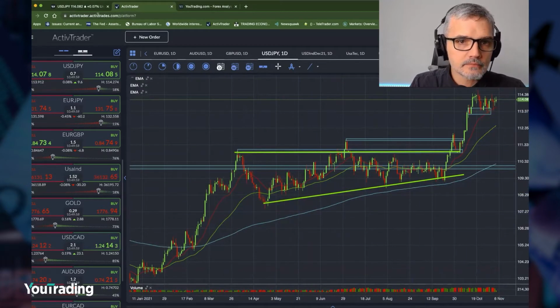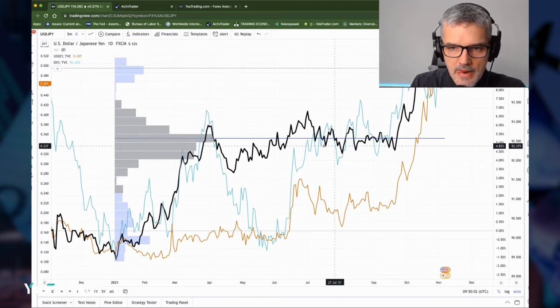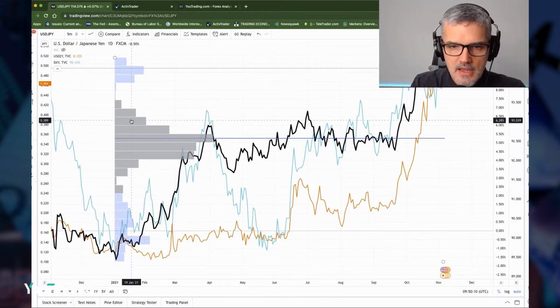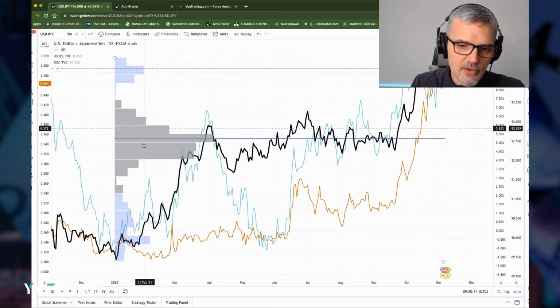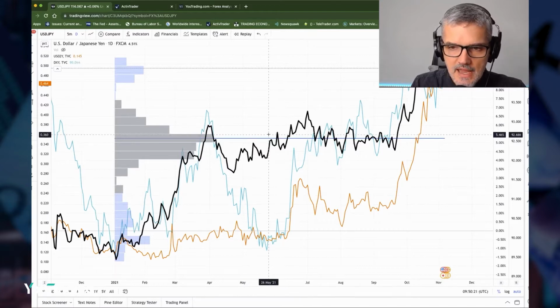If I quickly go to this chart, you can see that from 2021, most of the activity has been in between 31st of March to the 21st of September. This is where you can see the bell curve peaks out. So this is like a volume profile, but in terms of volume, there's no centralized actual exchange for the yen and the dollar.